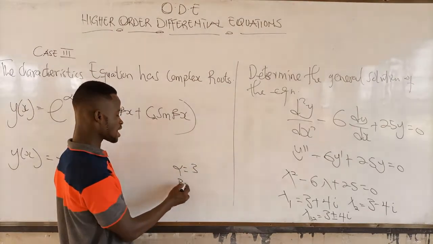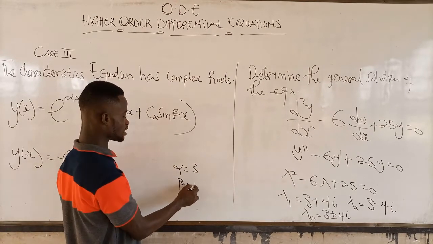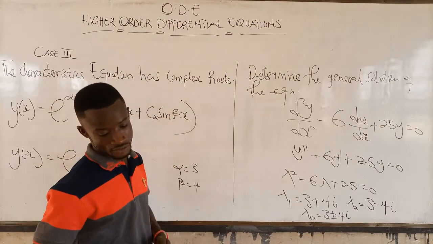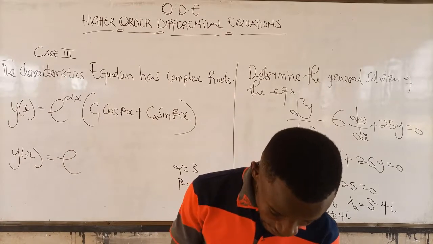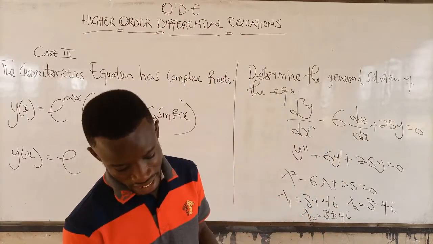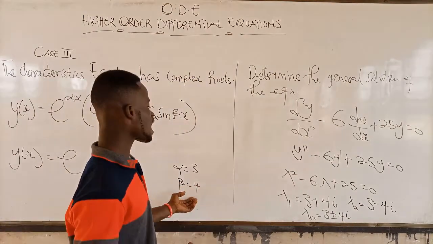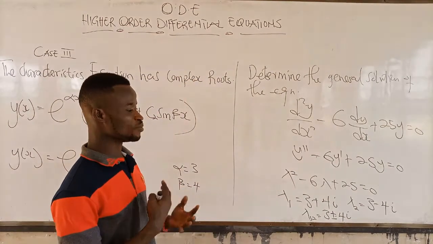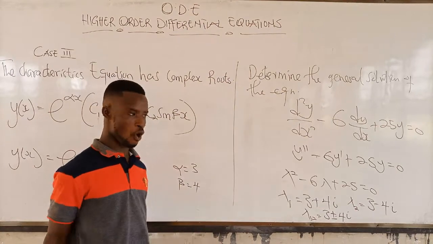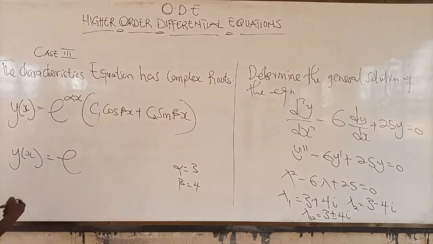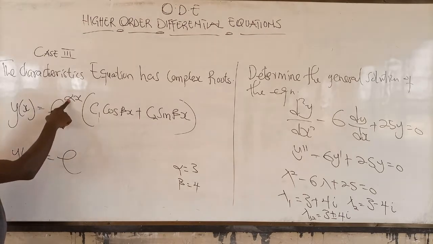And the beta here is representing the 4. Very good. So now that we know the lambda and the beta, please don't forget that the beta is not negative 4, but the beta is rather 4.